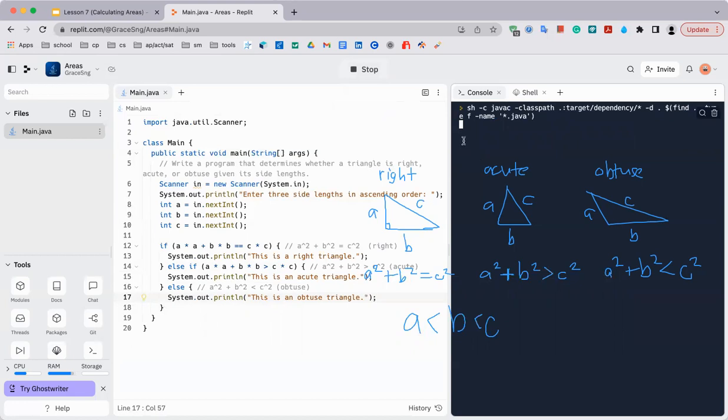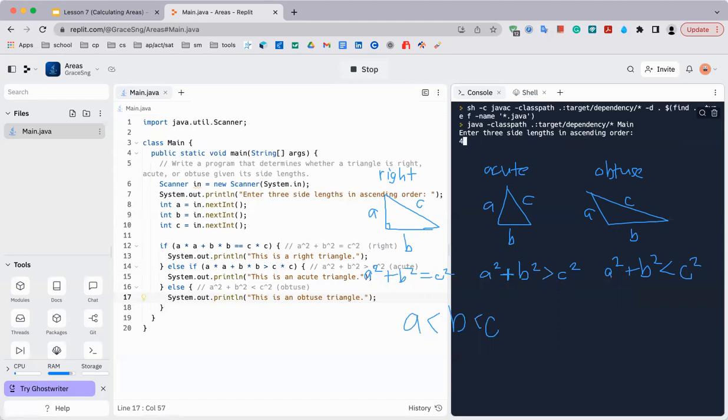Then let's try something else that's random, like 4, 2, 9. I don't know. If we take a look at these three equations side by side, then hopefully for output we should get obtuse.